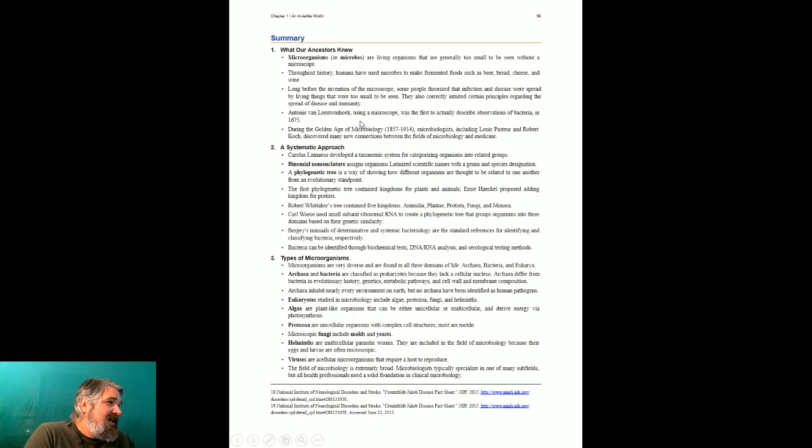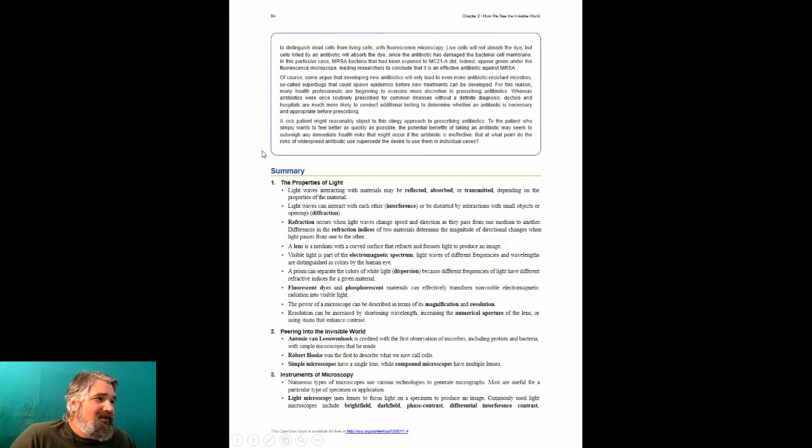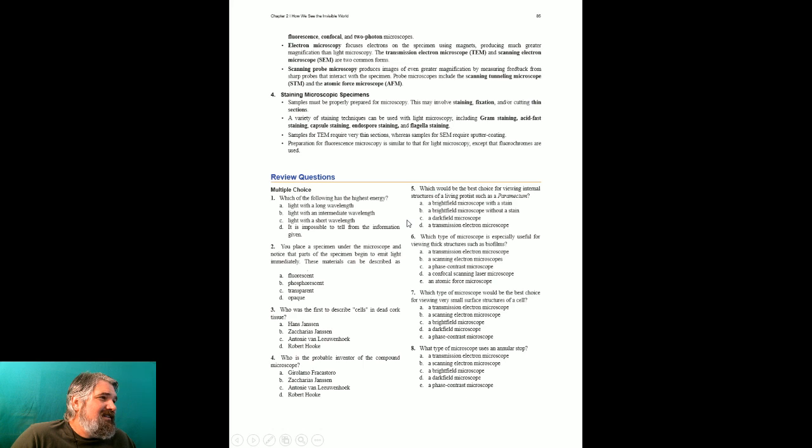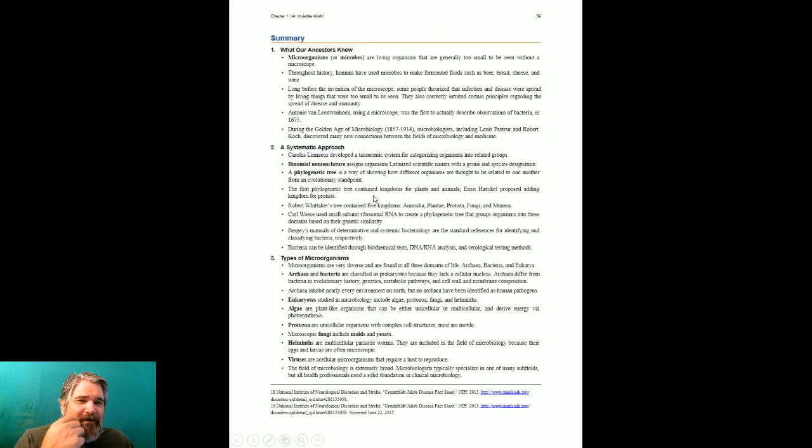Fermentation stuff. Leeuwenhoek. You'll probably be answering questions about Leeuwenhoek until you die at some point. Let's see. Pasteur, Koch. Properties of light. Okay, probably not a bunch of refraction questions.